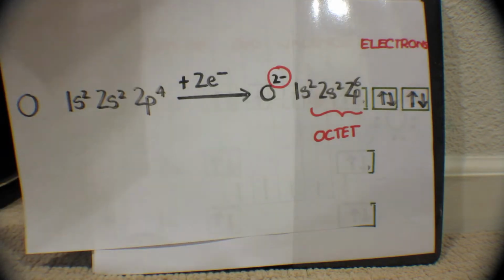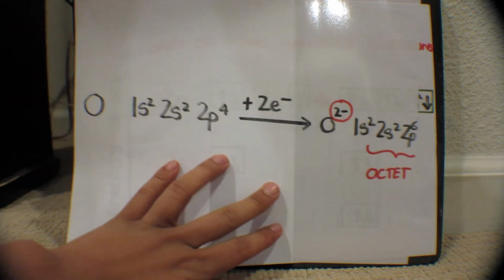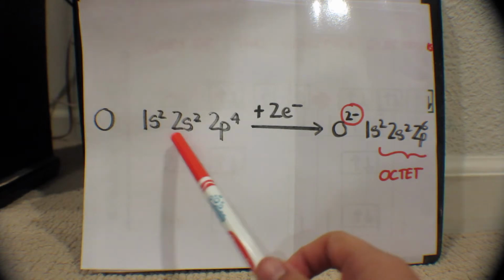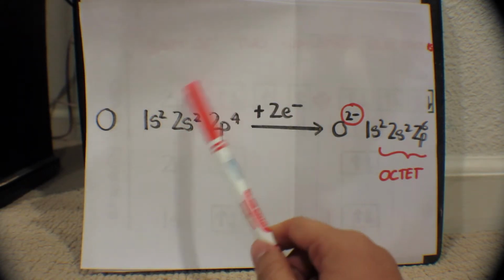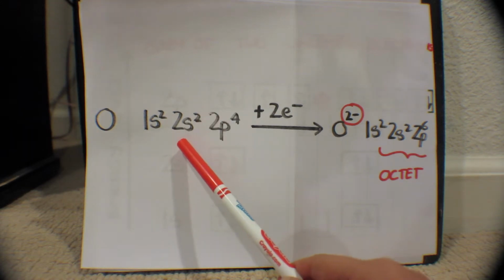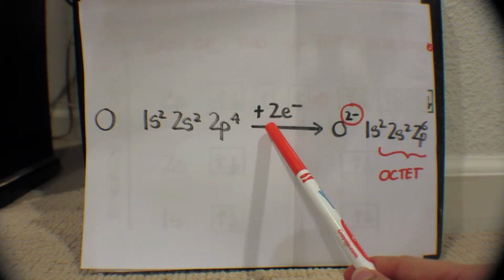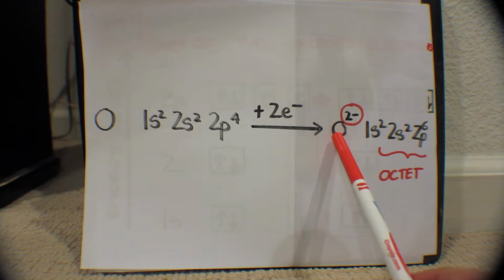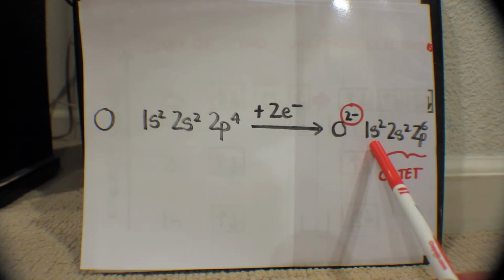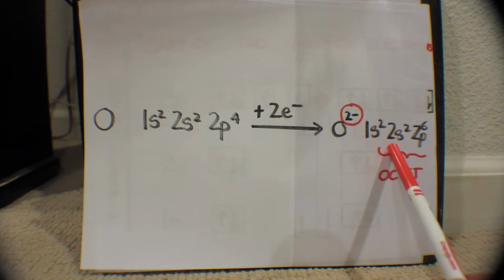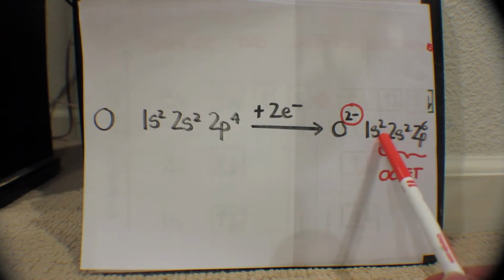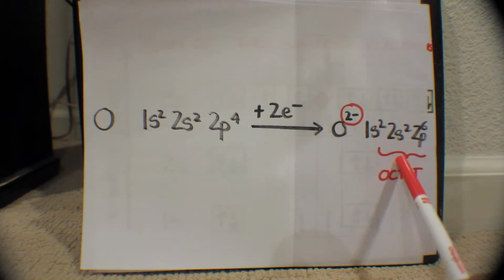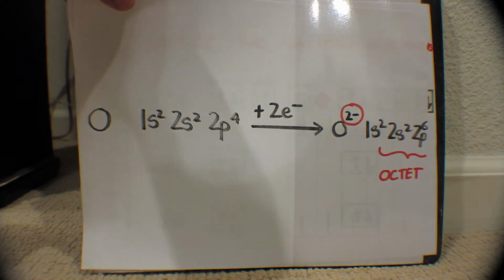Let's see one of our very first examples, oxygen. Its electron configuration is 1s2, 2s2, 2p4, which has 8 electrons in total. After receiving 2 more electrons, it becomes oxide, giving it an electron configuration of 1s2, 2s2, and 2p6. The 2s2 and 2p6 create an octet for oxide, which is the same as a neon atom.